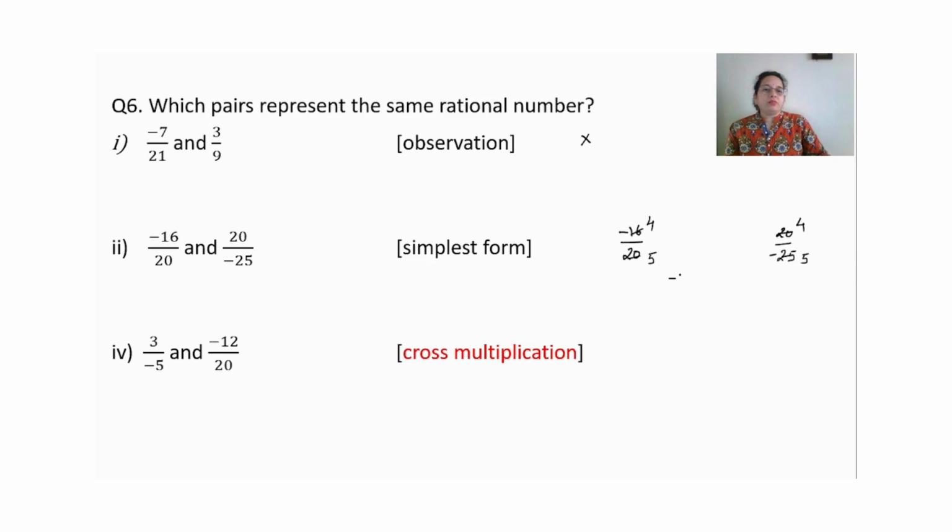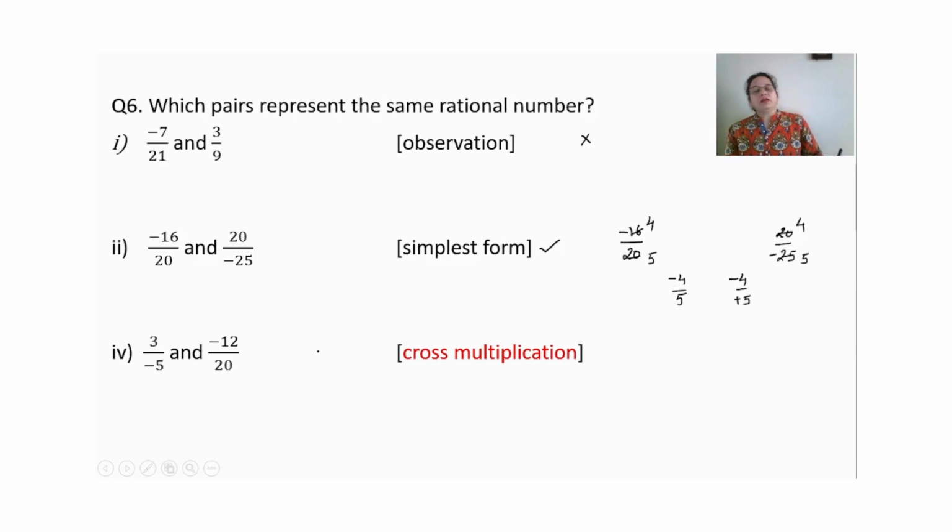So you are getting minus 4 upon 5, and here you are getting 4 upon minus 5. Always we write this negative sign with the numerator. So you can say minus 4 upon 5, minus 4 upon 5. It means these two represent the same rational number.